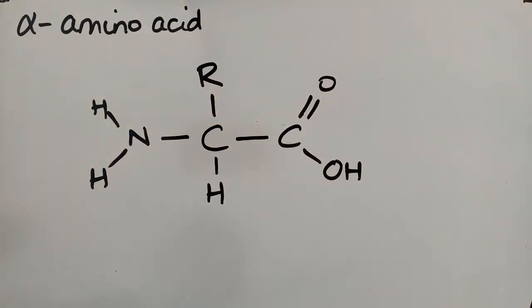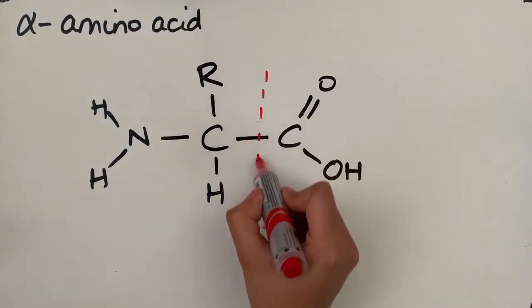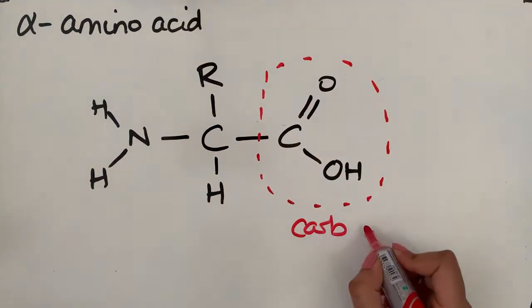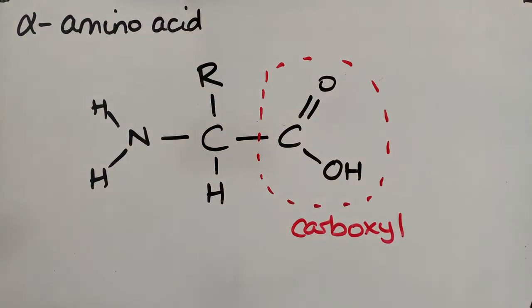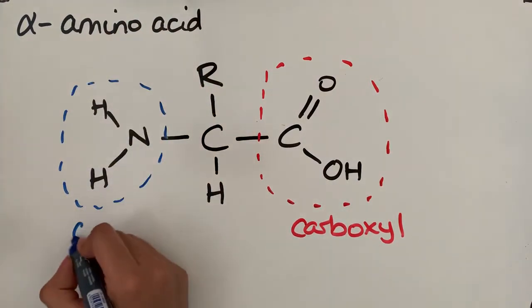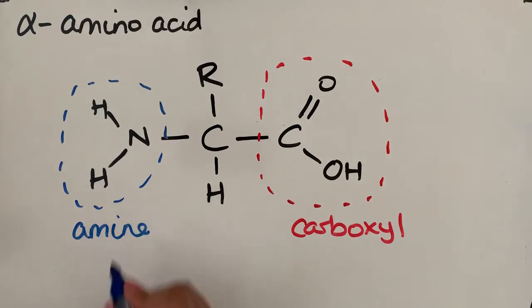Okay, so this over here is the general structure of an alpha amino acid. And as you can see, this one molecule has this carboxylic acid, so it has a carboxyl group, and it also has an amine group over here. And what this does is it gives rise to the reactions that it's going to undergo.